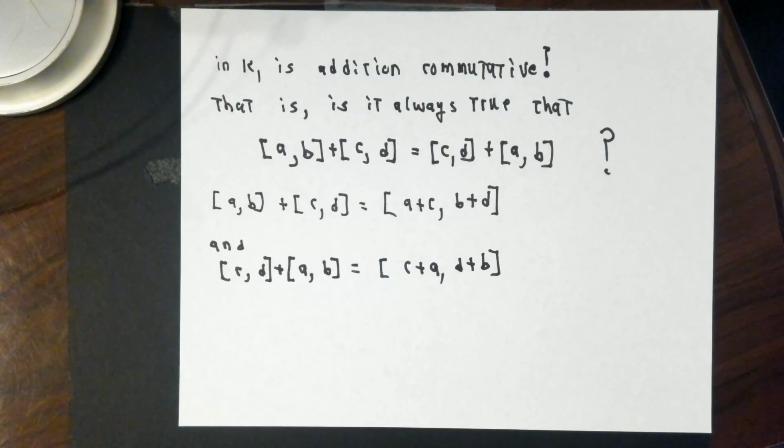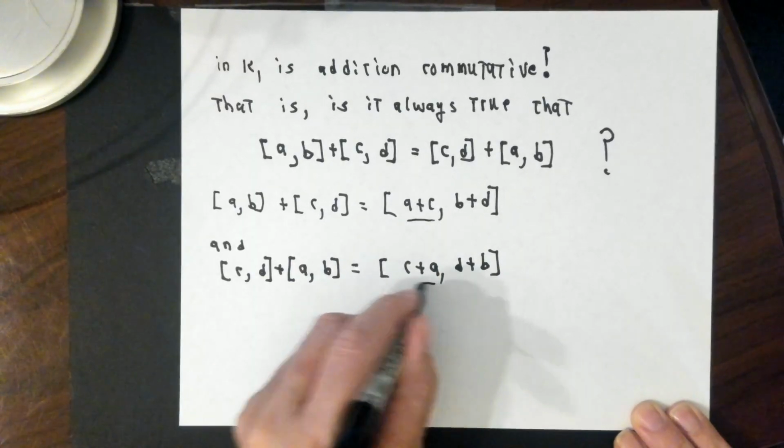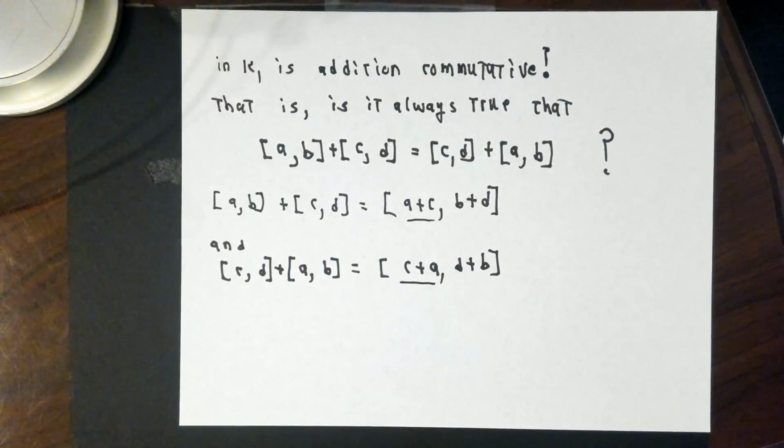Bracket AB plus bracket CD is bracket A plus C, comma B plus D, while bracket CD plus bracket AB is bracket C plus A, D plus B. A, B, C, and D are just ordinary real numbers, though. So A plus C and C plus A are the same thing.